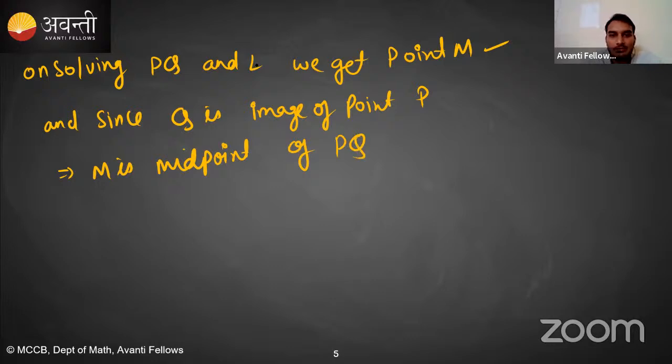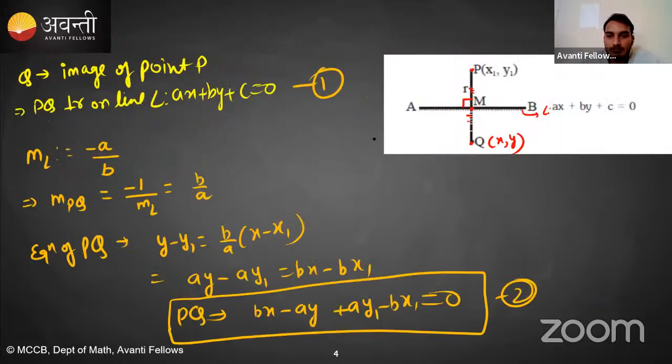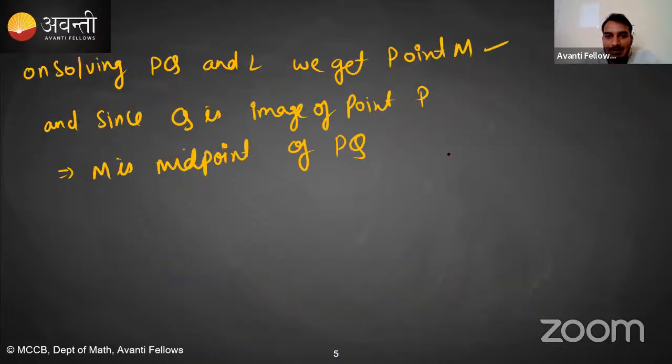Clear? M is the midpoint of PQ. So now using the midpoint theorem, we will be able to get Q.